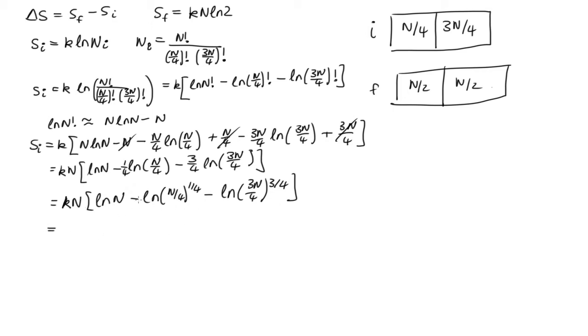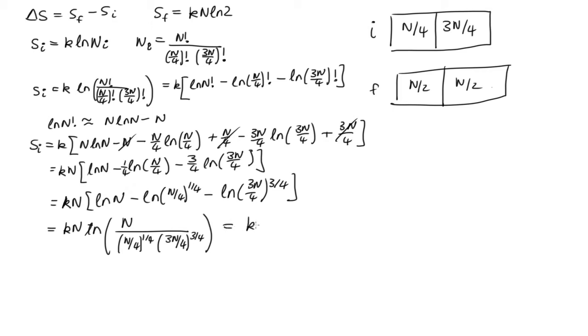And now we'll multiply and divide these. So we've got kn times log of n divided by n/4 to the 1/4 times 3n/4 to the 3/4.